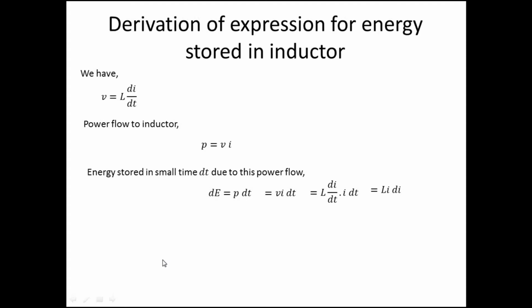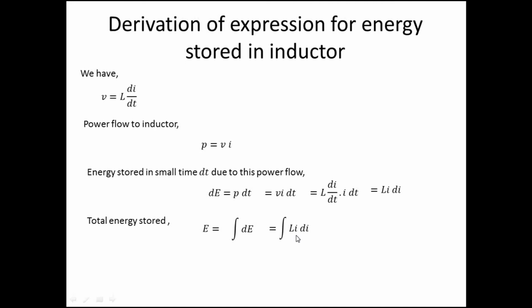So the total energy stored for a time t, we can find by integrating dE. So total energy stored will be E equal to integral dE. We can substitute for dE as L i di, and integrate with respect to i.